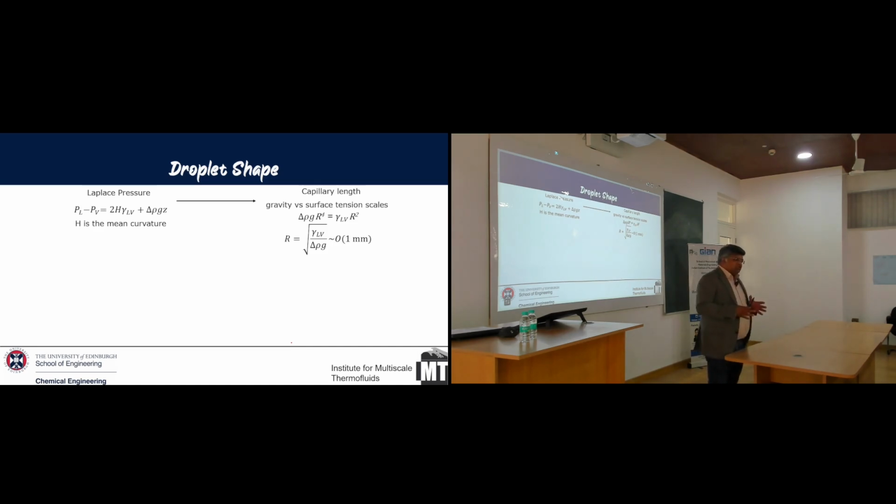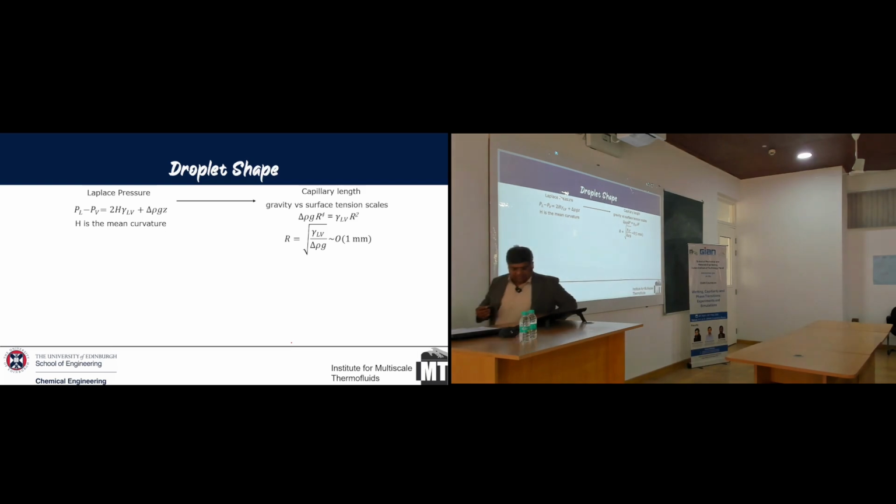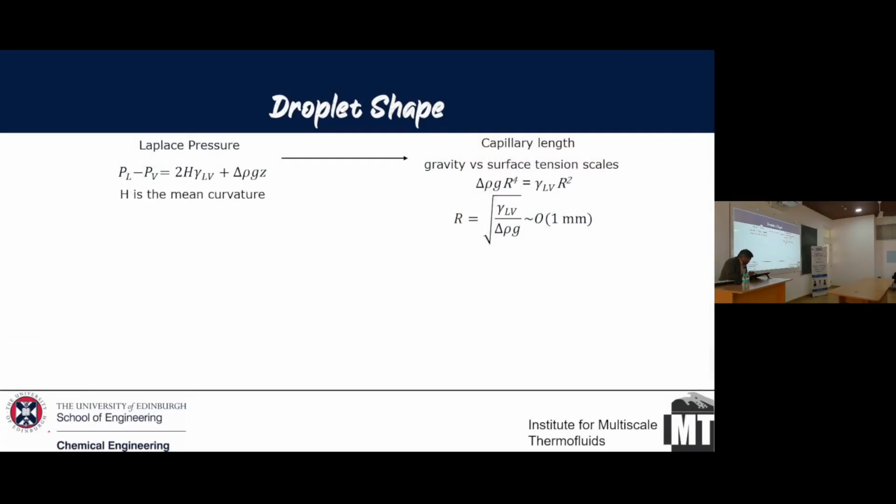But actually that's not quite true. It is our physics which tells you approximately the droplet size that will be affected by gravity. The way you test these things is by taking a surface with a droplet and then completely inverting it, so you get a pendant droplet.